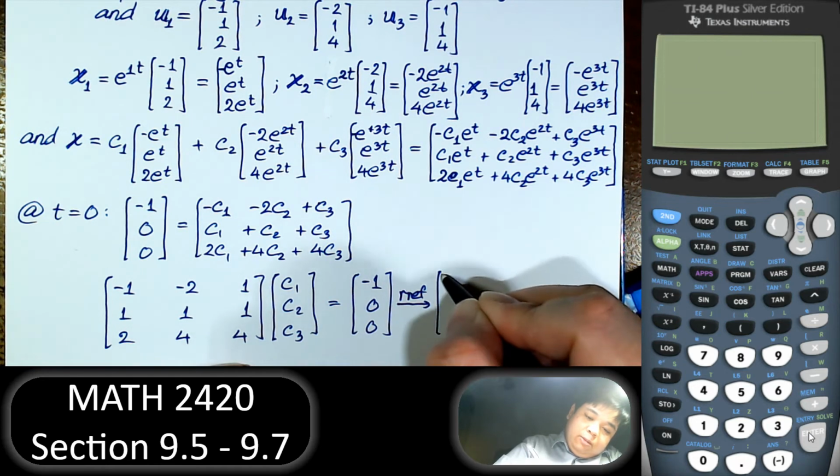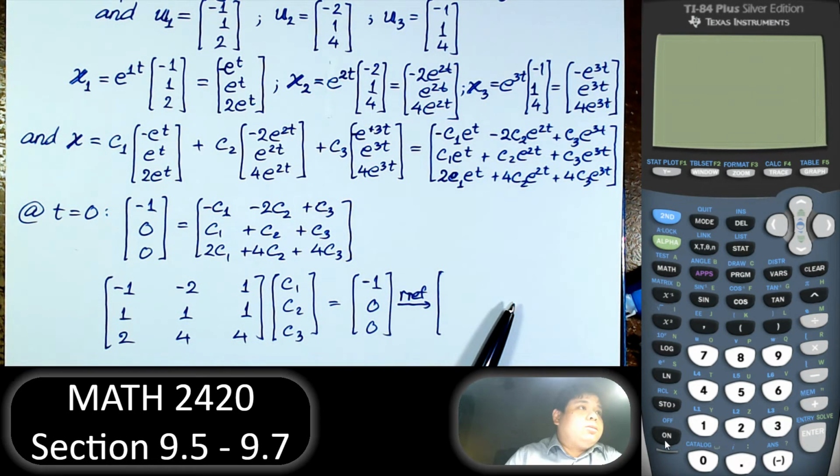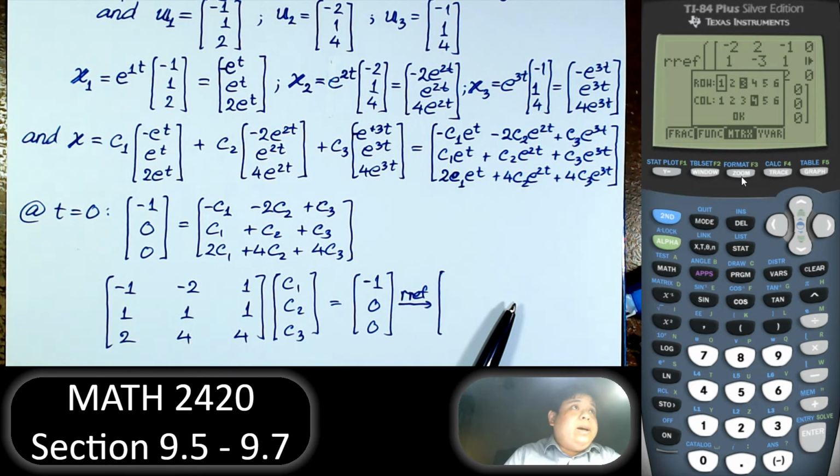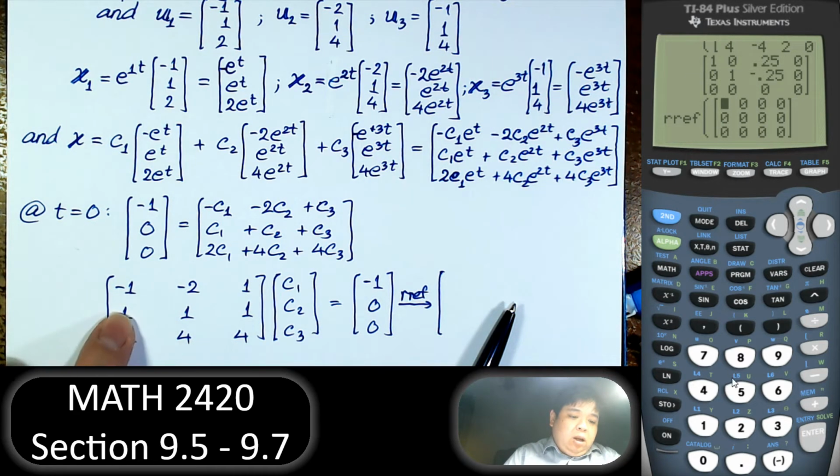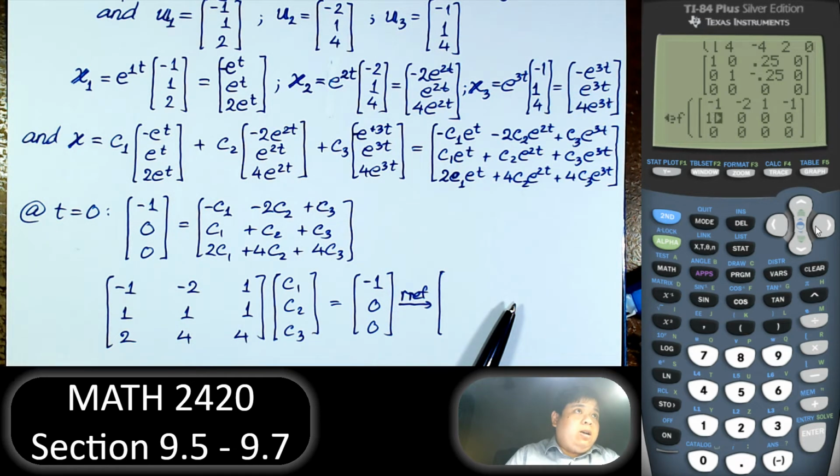Reduced echelon form, and then apply to the matrix here: negative 1, negative 2, 1, negative 1, 1, 1, 1, 0, 2, 4, 4, 0.